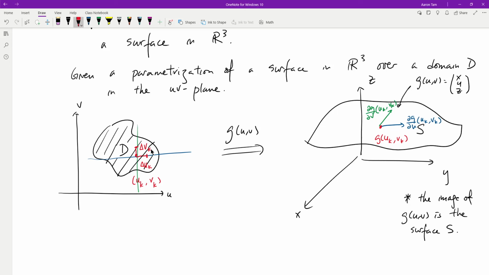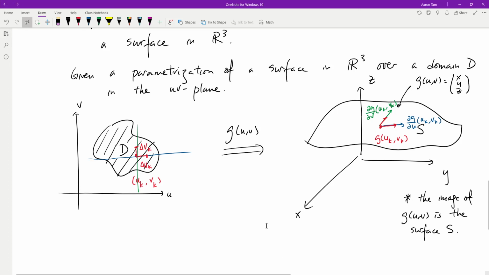What this would do is move this point in the XYZ space along the two different directions, and the way to calculate this would be to multiply the tangent vector by the change that I made in u and v.